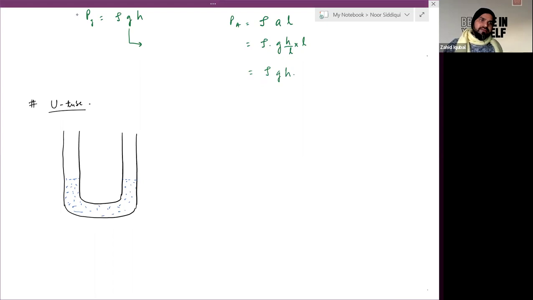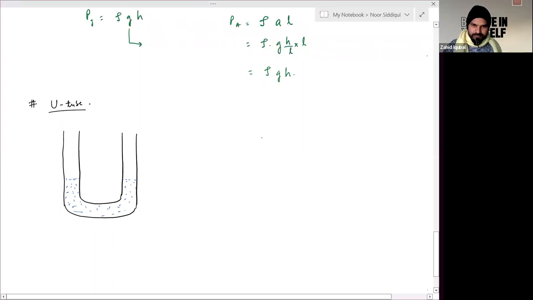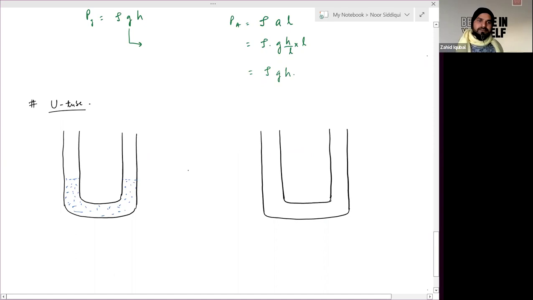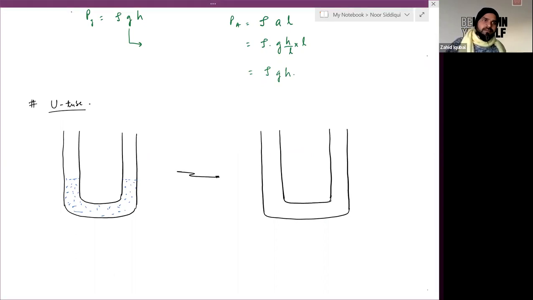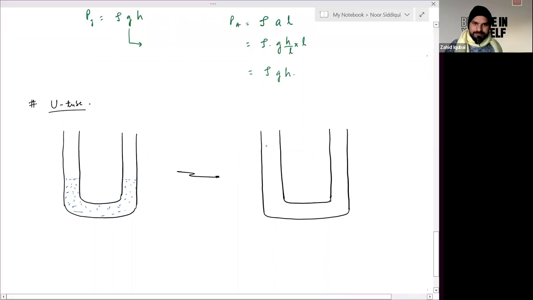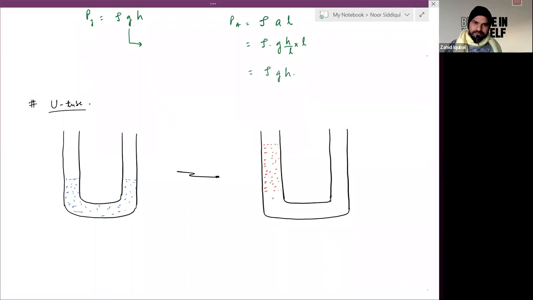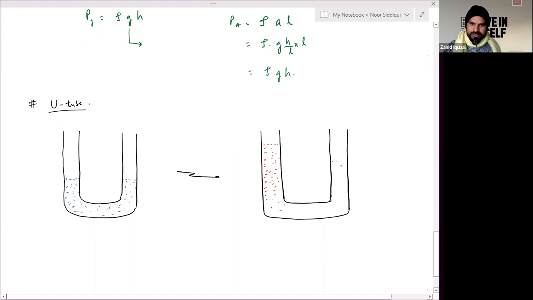Now, if some other liquid is filled from any one side, let's say up to this level, the level of liquid or water may get changed so that it may reach this point.